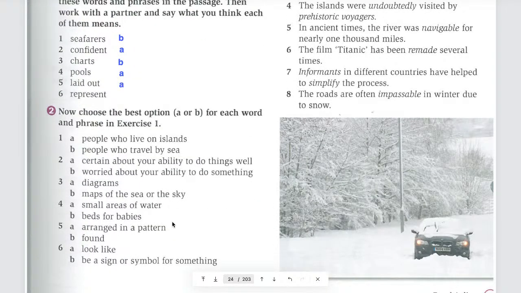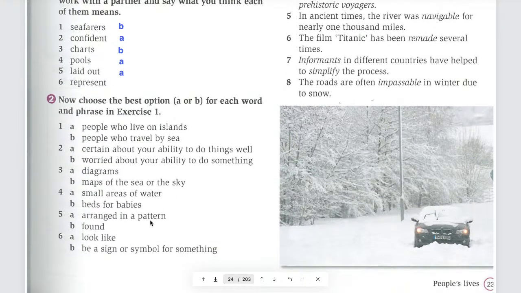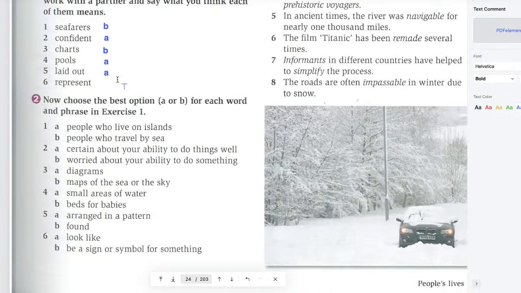Now 6. Represents. You have to read all of them first. A, look like. B, be a sign or symbol for something. So which one is that? B. Be a sign or symbol for something. 6B.